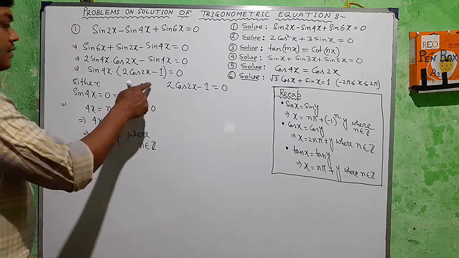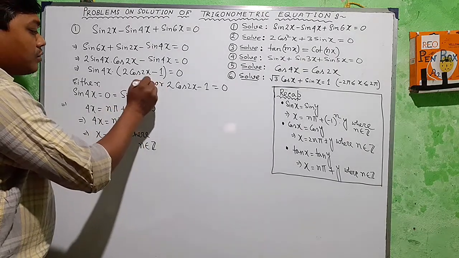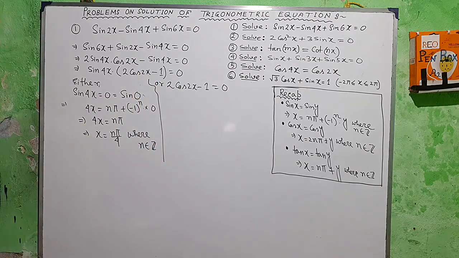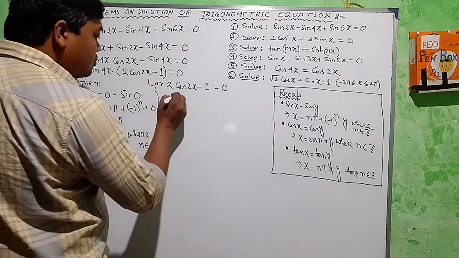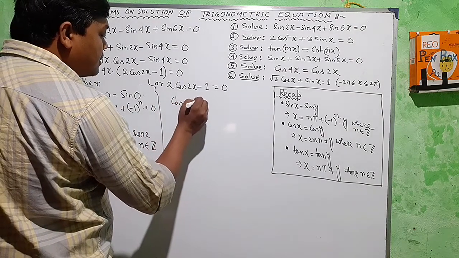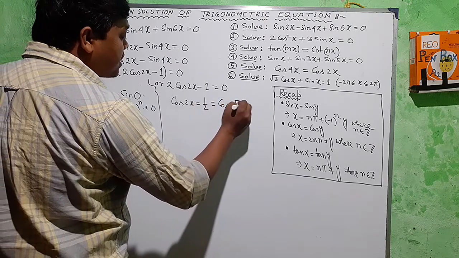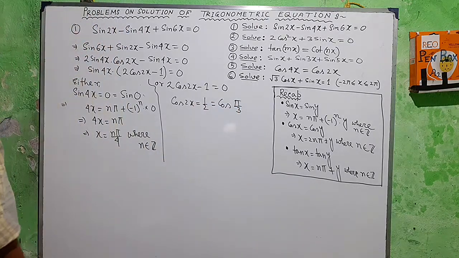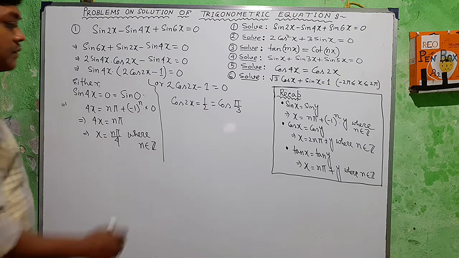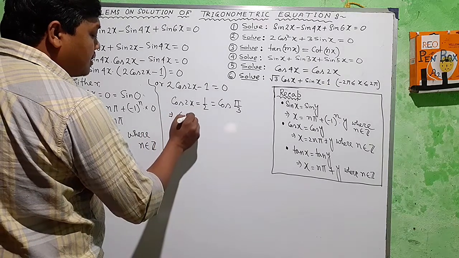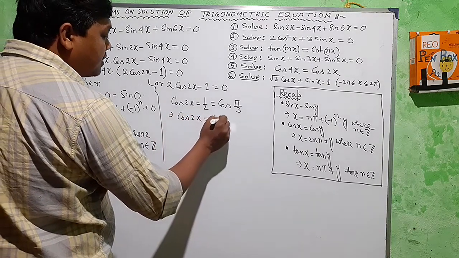And similarly for the equation 2 cos 2x minus 1 equals 0, cos 2x equals half. The value of cos 60 degrees, that is cos pi by 3, is half, so cos 2x equals cos pi by 3.